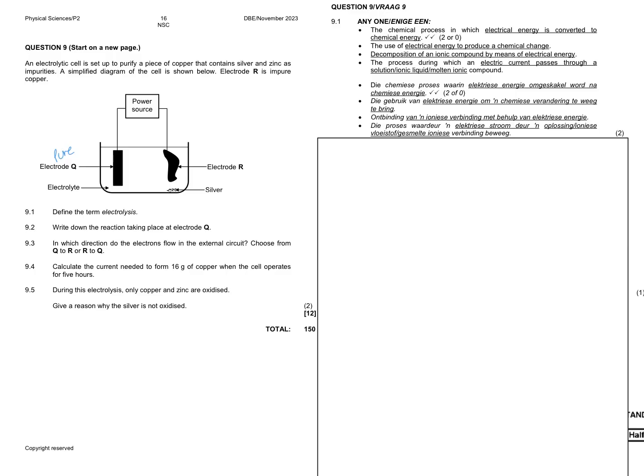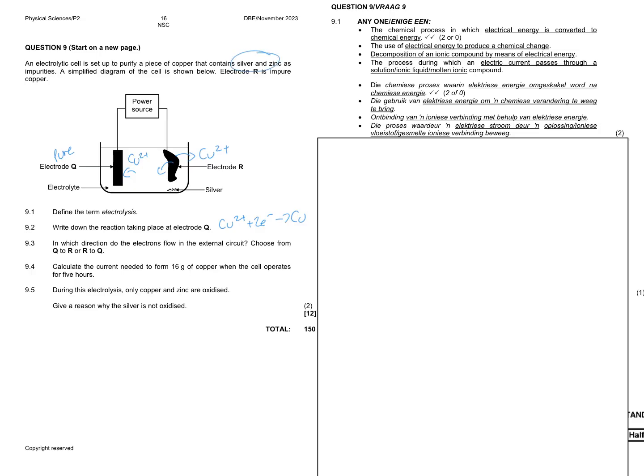And the reaction that will be happening there is Cu2+ plus 2 electrons making Cu. So essentially what we're doing is we're making the Cu2+ get oxidized out of the impure copper and then reducing it again onto the pure copper. So we are separating the copper from the silver and the zinc. They said silver and zinc were impurities.